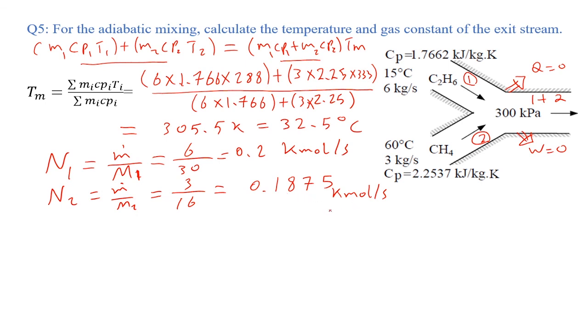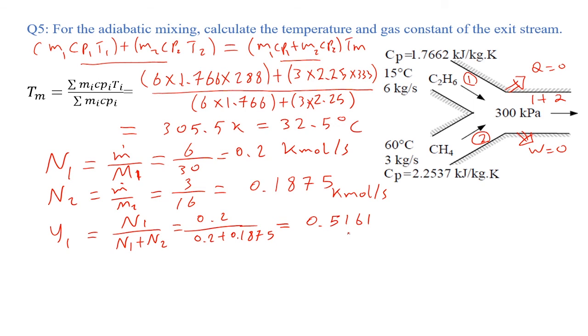Now we can calculate the molar fraction. For stream 1, we have the number of moles for stream 1 divided by the number of moles for stream 1 plus the number of moles for stream 2. So stream 1 represents about 51% of the total stream. Similarly, we calculate the molar fraction for stream number 2. It will represent around 48%.